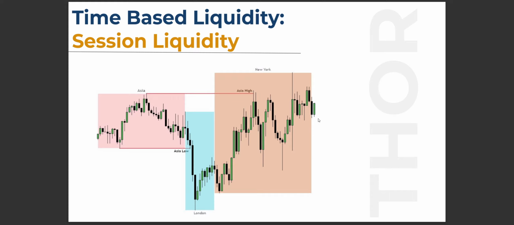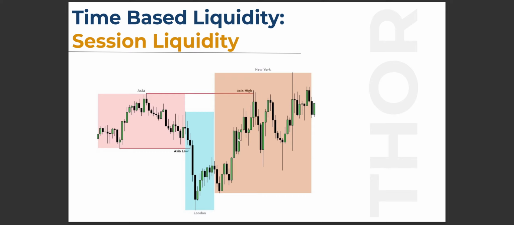So I would be mindful or aware of session liquidity, especially in range bound markets. This usually helps a lot. In trending markets, though, most of the time it just engages with one side of the market and just keeps rallying in that direction.